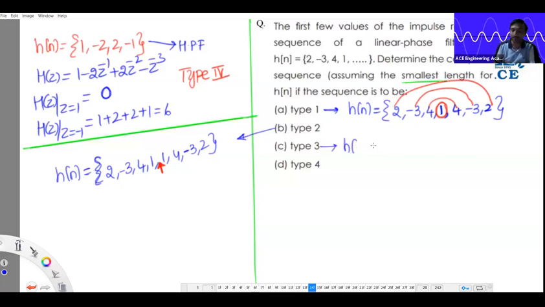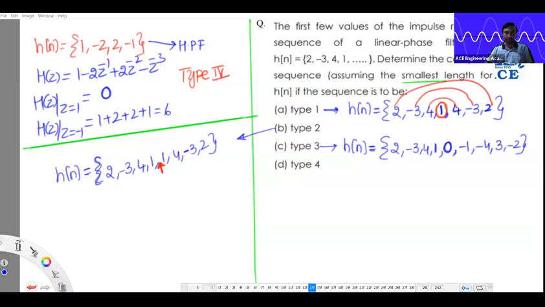Odd symmetry with an odd number of samples means: 2, -3, 4, 1, 0, -1, -4, -3, -2. You should take 0, sir.